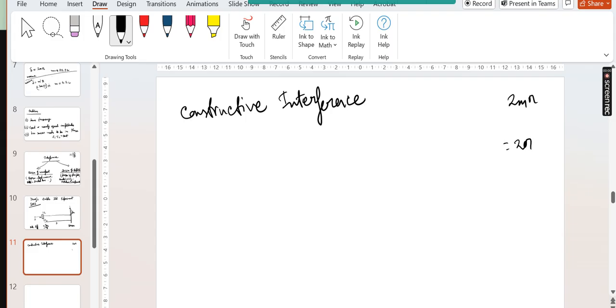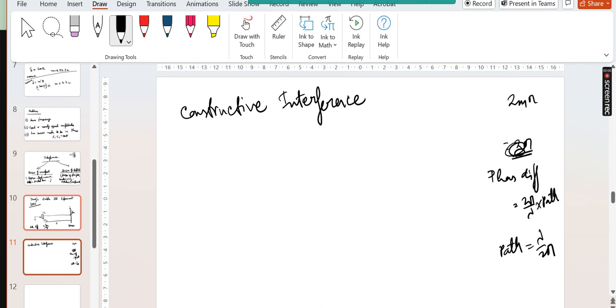The phase difference is basically 2 pi by lambda into path difference.